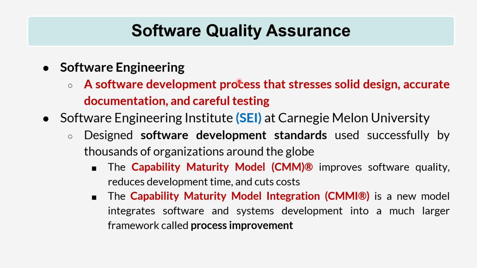Quality is very important. You can use an approach called software engineering to manage and improve the quality of the finished system. Software engineering is a software development process that stresses solid design, accurate documentation, and careful testing.